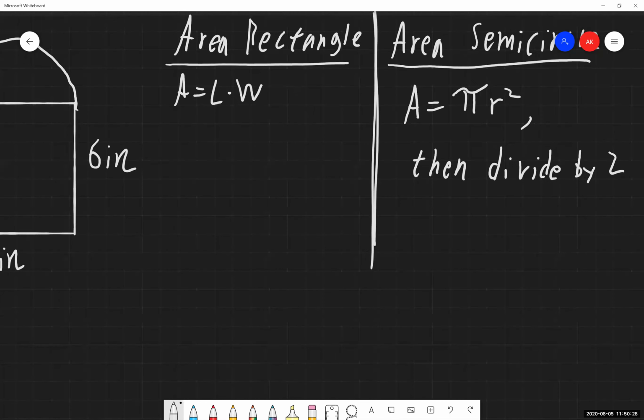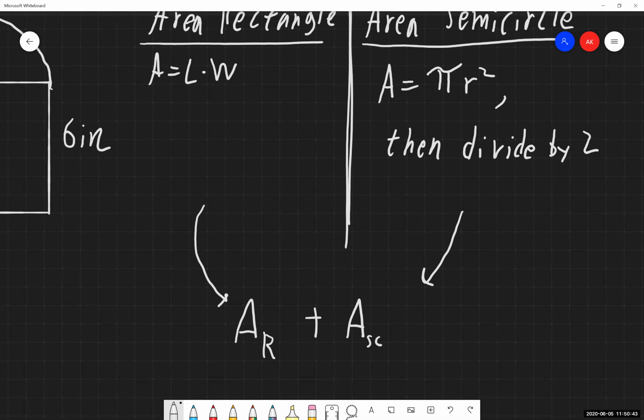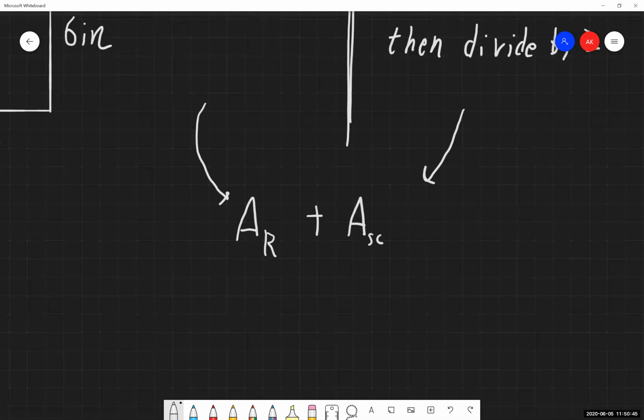Once we have the area of the rectangle and the area of the semicircle, we can bring these together. We can have the area of the rectangle plus the area of the semicircle, which equals our total area.